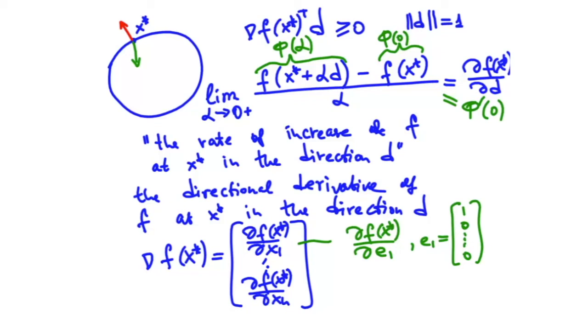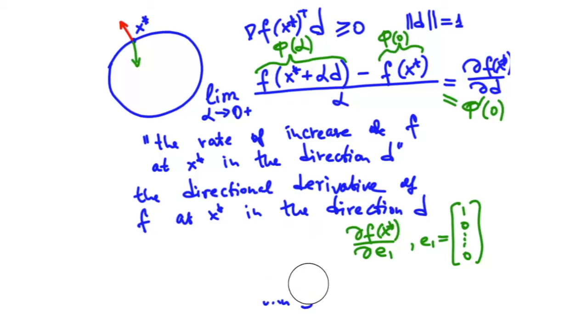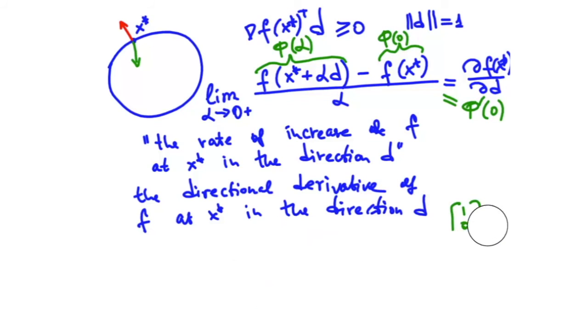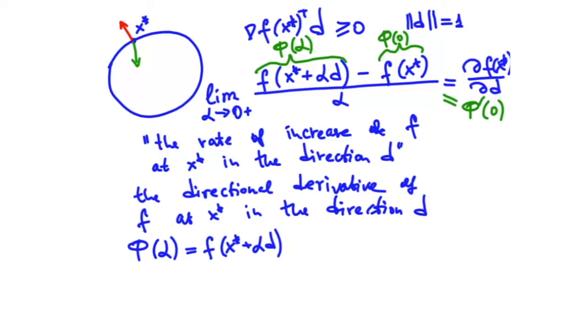On the other hand, I can use the chain rule to compute this derivative alternatively. Let me explain. We are talking about the function phi of alpha, which is given by f of x star plus alpha d. Let me denote the argument of f by g of alpha, so g of alpha is just x star plus alpha times d.